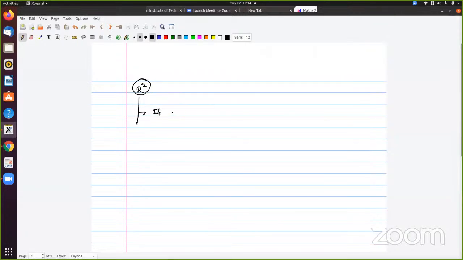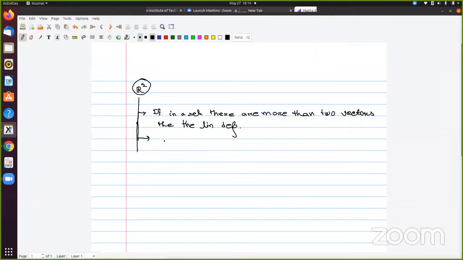If in a set there are more than two vectors, then the set is linearly dependent, right? The remaining cases are either one vector or two vectors.